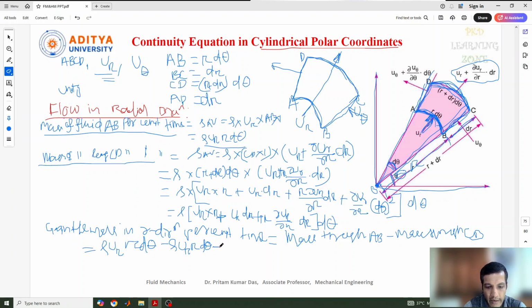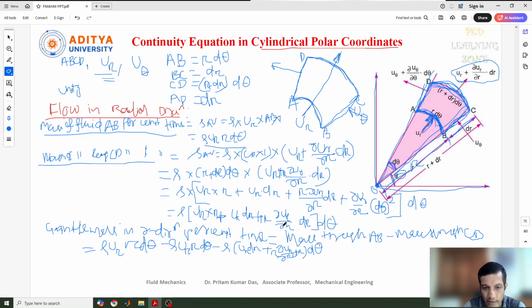Minus rho into the bracket: ur dr, plus del ur by del r, or you can write this as del ur by del r, into r, into dr d theta.